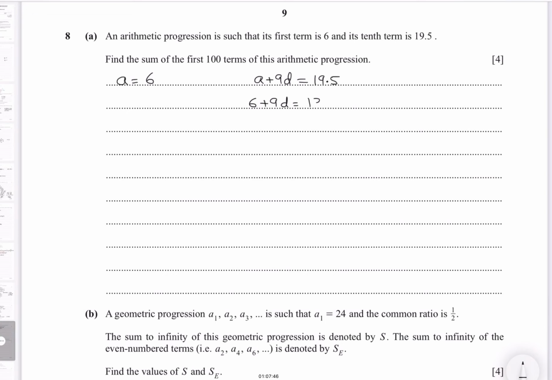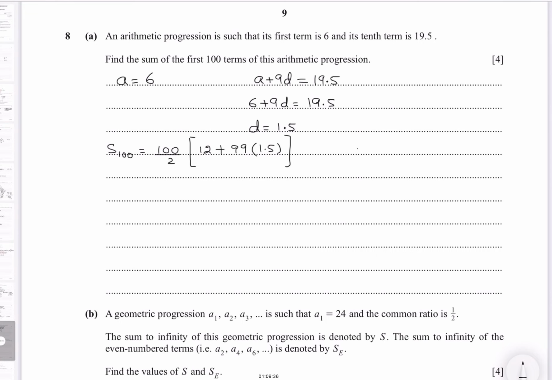So from here we write the value of a. Here 6 plus 9d is equal to 19.5. So from here we can find out the value of d, which is 1.5. So find the sum of the first 100 terms. So S100 is equal to 100 over 2, 12 plus 99 times 1.5.